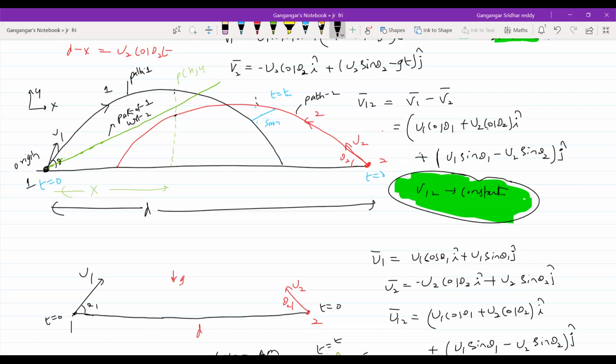Projectile 1 looks at the ground; he feels he's moving in a parabolic path. Projectile 2, when he looks at the ground, also feels he's moving in a parabolic path. When projectile 1 looks at projectile 2, he feels he's moving in this direction, a straight line. Can you remember the first statement?